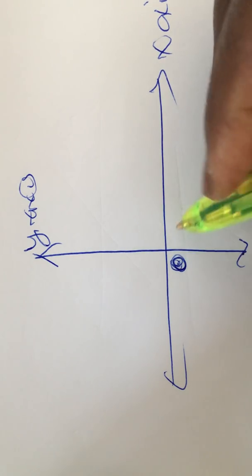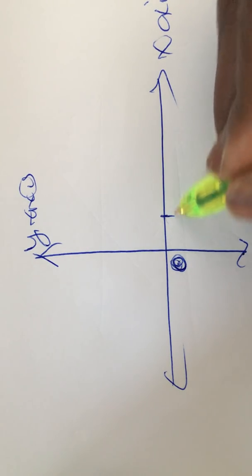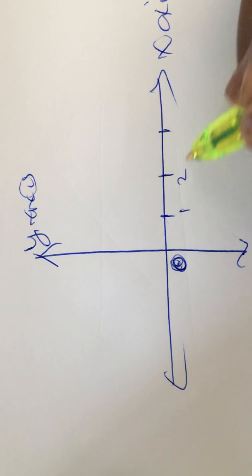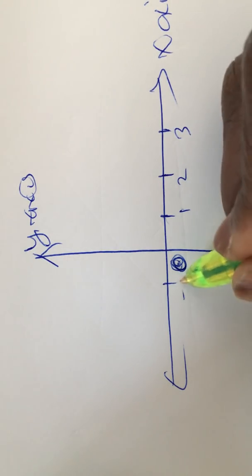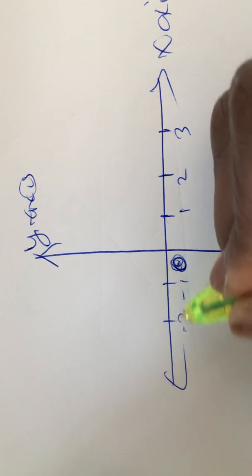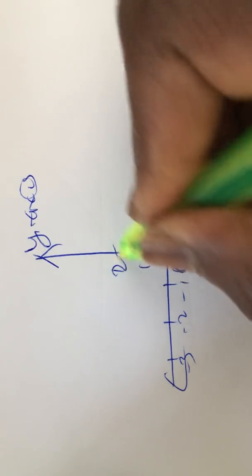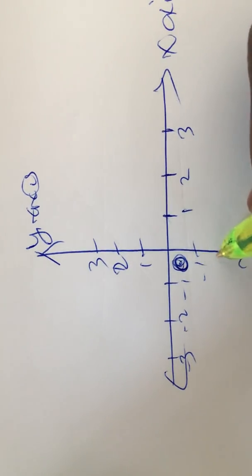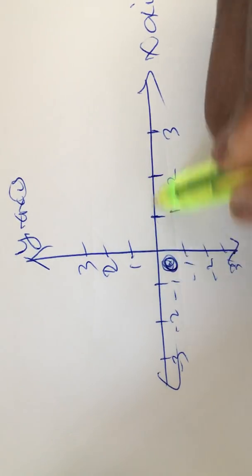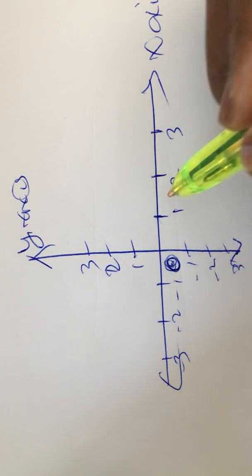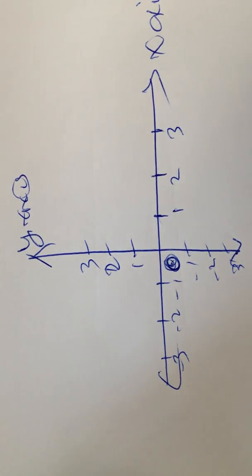This is where you begin from. From 0 you go to 1, 2, 3, and so on, and in this direction -1, -2, -3, and so on, and then 1, 2, 3, and -1, -2, -3, so that you can use this to describe the position as well as location.